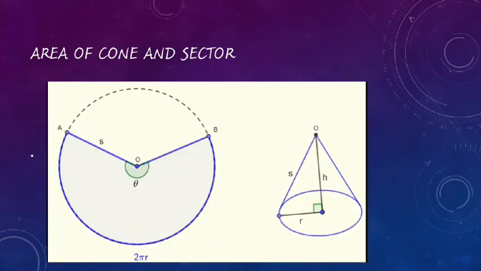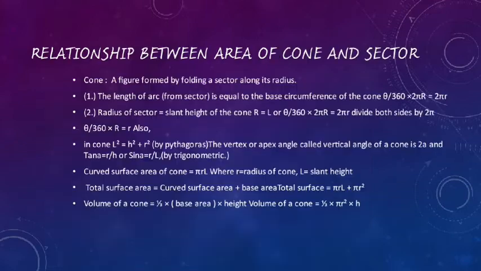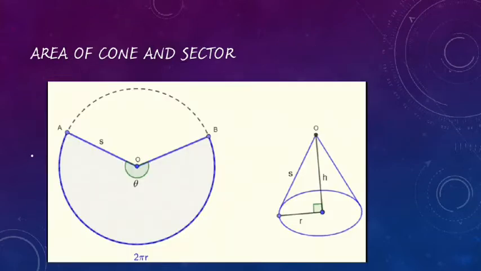Now, before we move further, what is a cone? From here, it is given that a cone is formed when you fold a sector. Let's look at this. This is a sector, this is a cone.